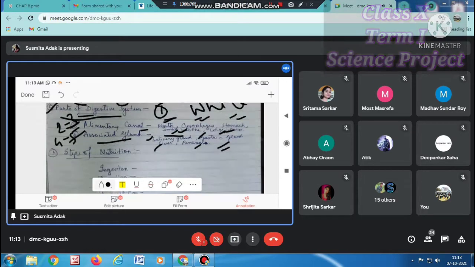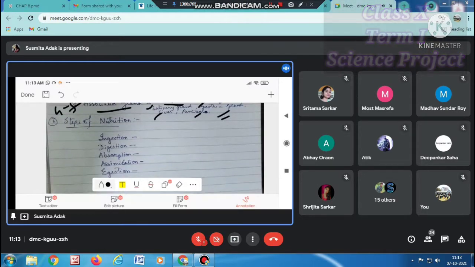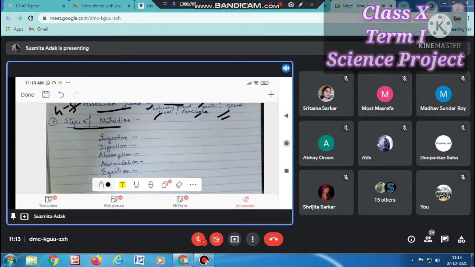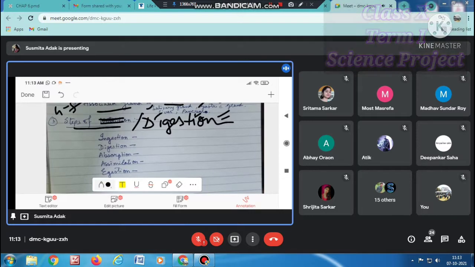After that you will go to the next point, steps of digestion. Don't write nutrition, write steps of digestion.